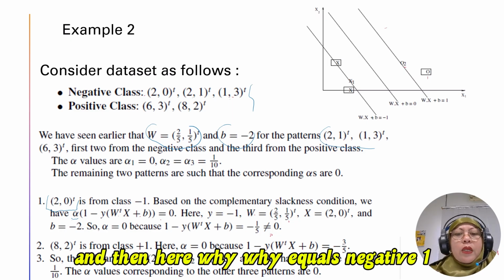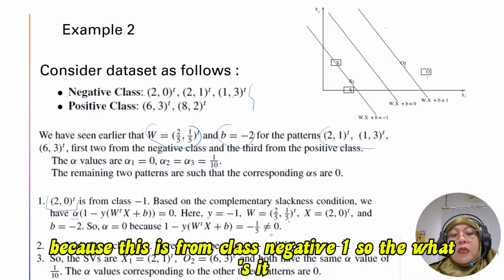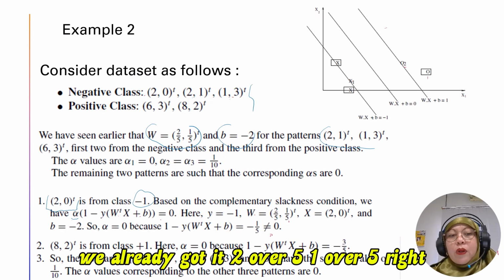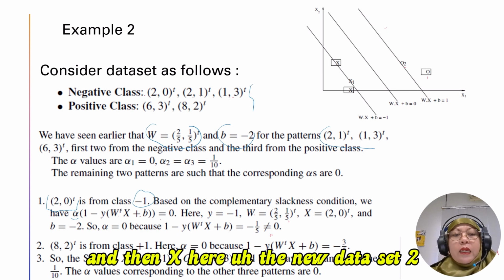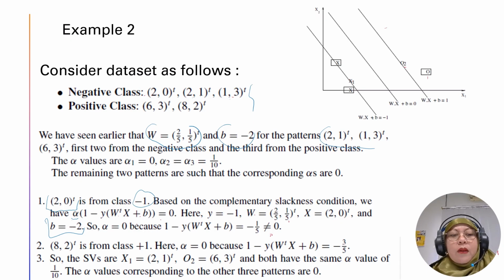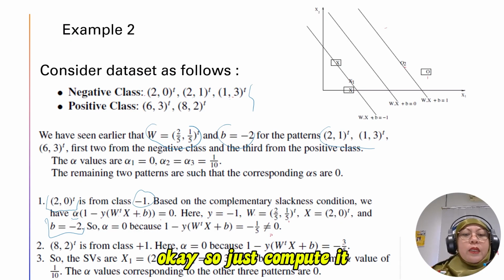Here y equals -1, because this is from class -1. W is the weights we already got, 2/5, 1/5. And x here is the new data point, 20. And again, we have b equals 2. So just compute it.